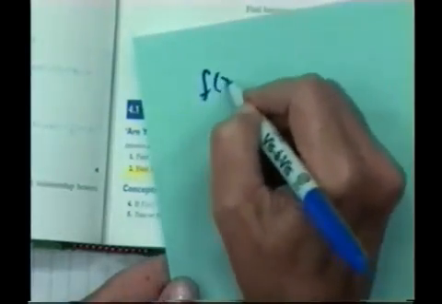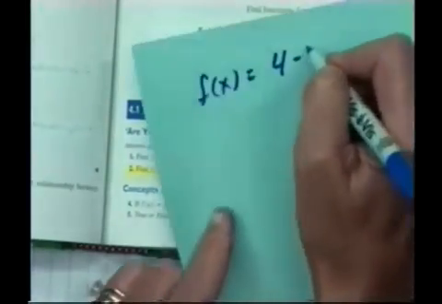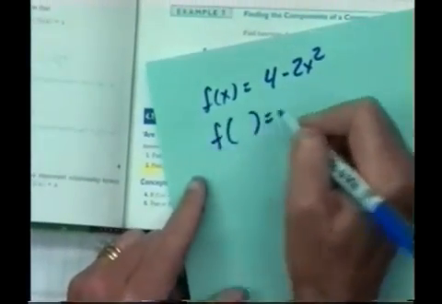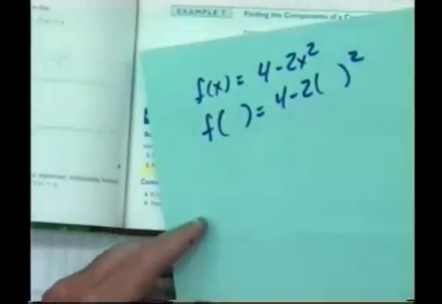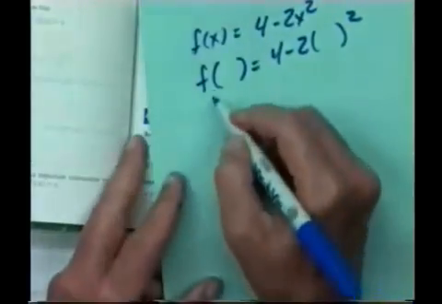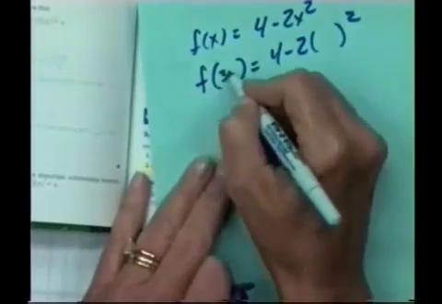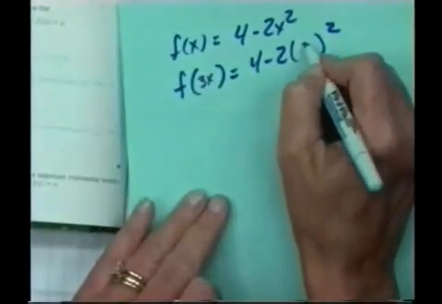So if f of x is equal to 4 minus 2x squared, f of any element is 4 minus 2 times that element squared. And this problem was asking us for when x is 3x, when we're replacing the domain with 3x. So we put a little 3x right here.